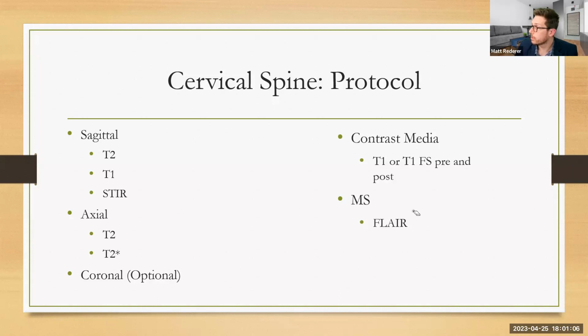So let me talk about these a little bit here. Water looks dark on a FLAIR. On a STIR, fat looks dark. So we remove those tissues from our image. We take them out. We're no longer confused by the signal from fat or from water itself.